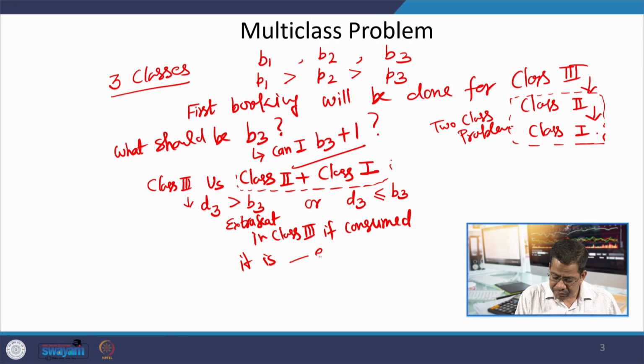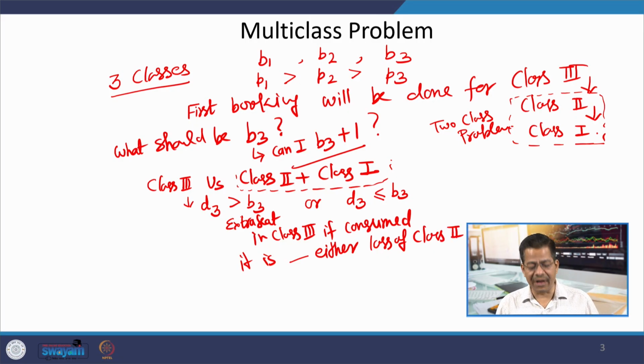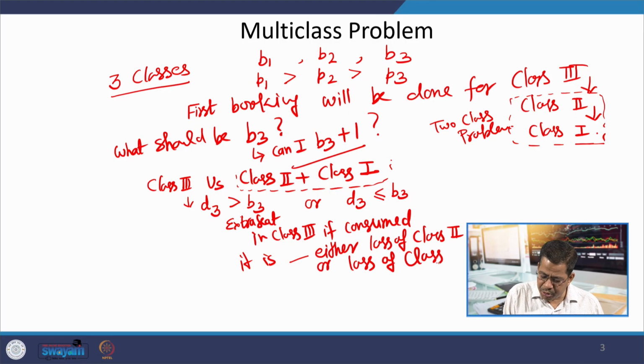Either there is a possible higher demand in class 2, so you lose class 2 and have compromised one customer of class 2, or you lose class 1 and have compromised one customer of class 1, or it is possible that in class 1 and class 2 there is no extra customer coming, the demand remains low in class 1 and class 2, so there is no loss in class 1 and class 2.